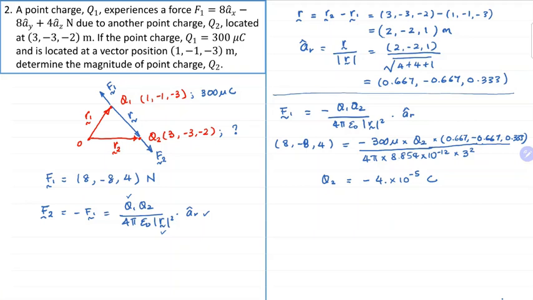Okay, so that is the solution to question 2. If you get x not the same value as y, or not the same value as z, then there must be something wrong with your calculation. So all the x, y, and z components should give you the same answer for Q2 equal to minus 4 times 10 to the minus 5 coulombs. Okay, so that's the solution to question 2.